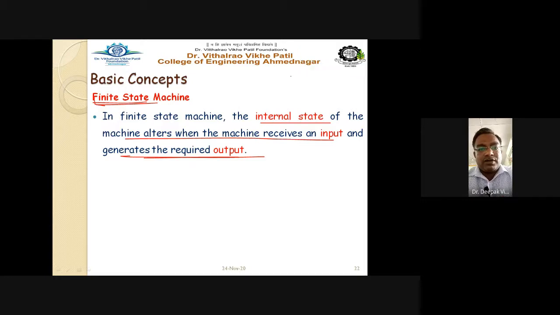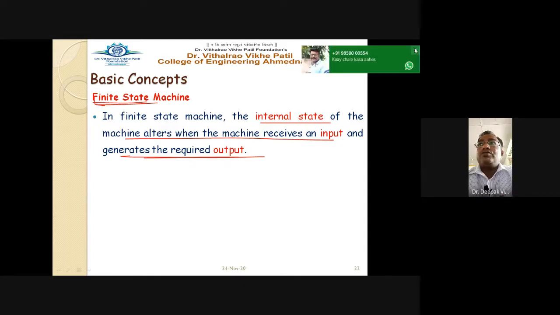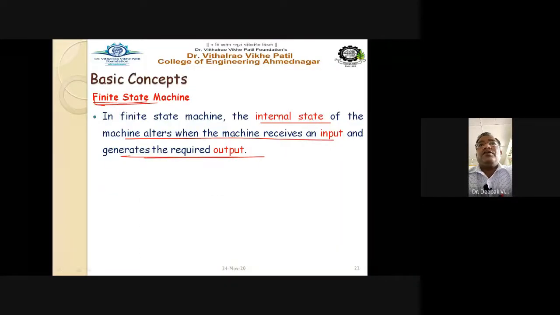But here we are not only concerned with that; we also have to focus on what exactly is happening inside the machine. What exactly is happening inside that particular machine? Getting this point?